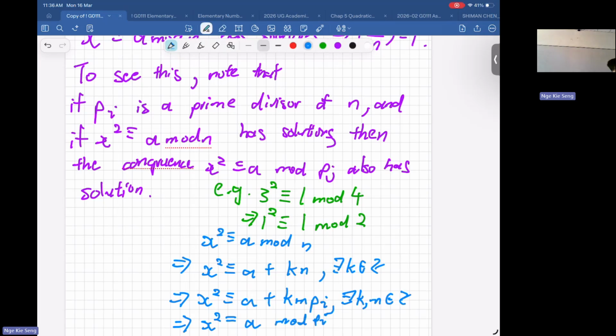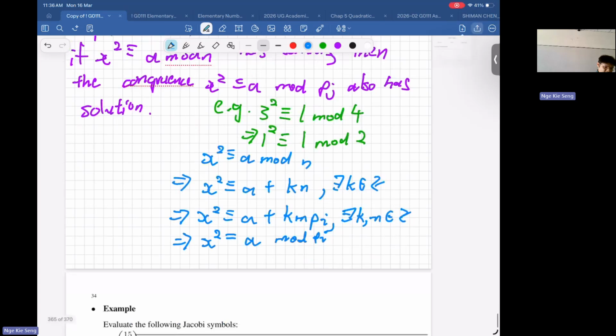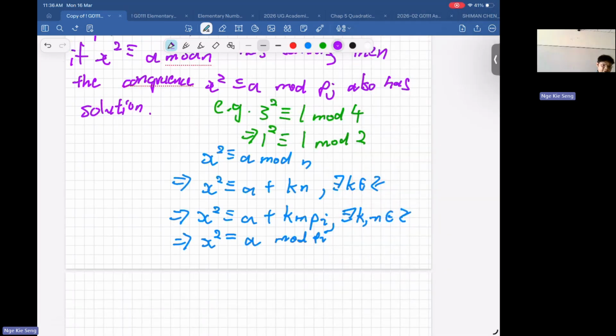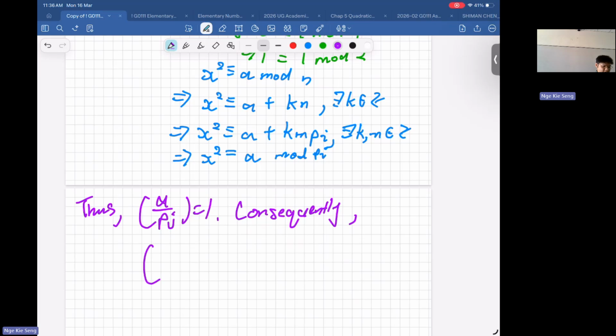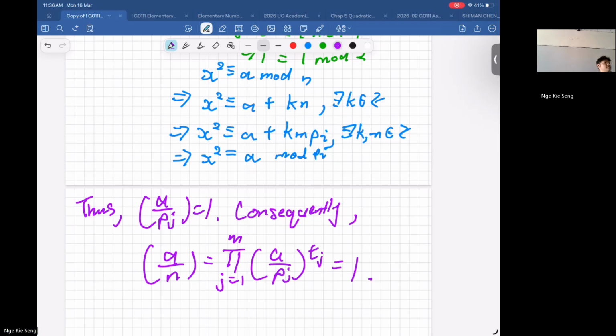So the same solution solves it. So what does this mean for the Legendre symbol? Then a over pi will be 1. Consequently, if you write down your Jacobi symbol, all the products will just get you 1, because I proved it for any pi.